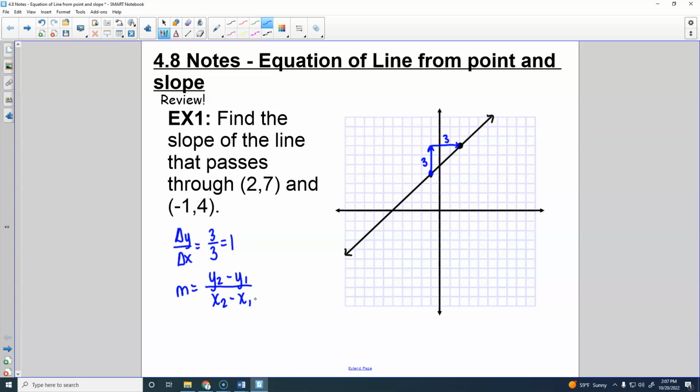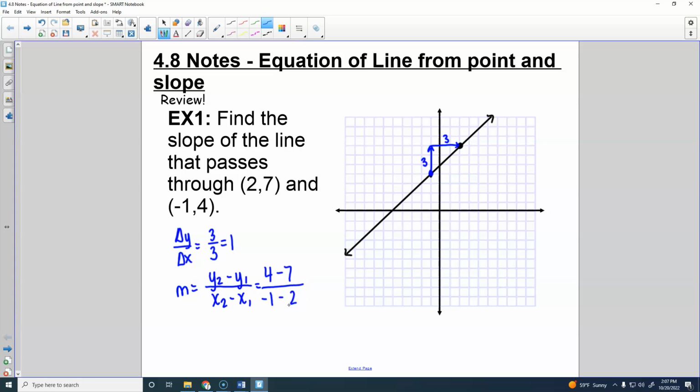That's another option, right? So if we're using the slope formula, Eddie, tell me how to plug my numbers in for this particular problem. You put in 4 as Y2 and 7 as Y1. And then on the bottom you put negative 1 first and then minus 2.